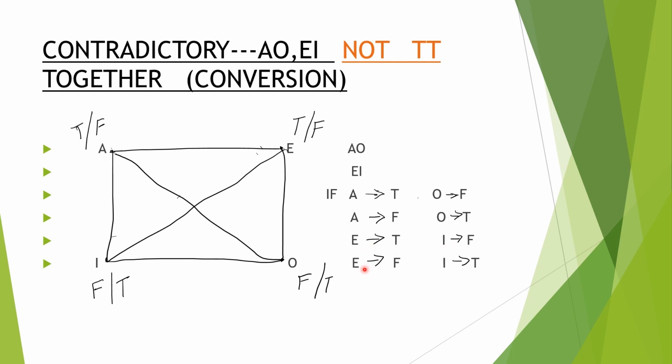If E is false, then I is true. This is what we call contradictory. I think now you are clear about it. See the picture first, then you can see the written work, then it is clear for you. Take your full mind here, then only you are able to understand.